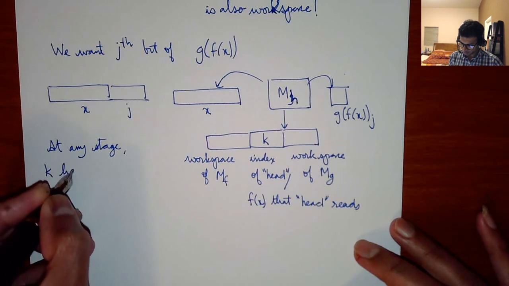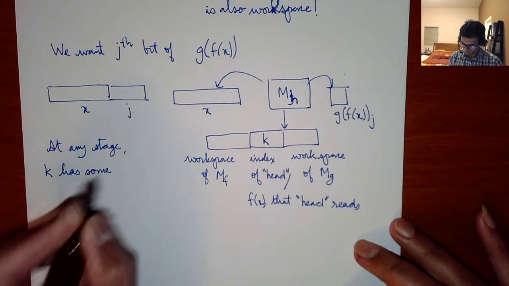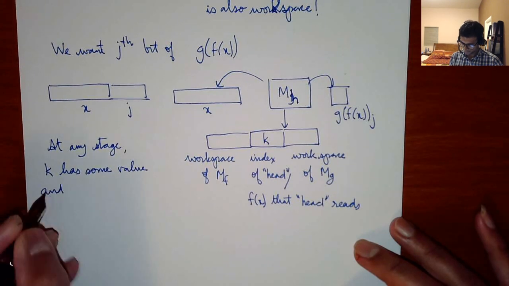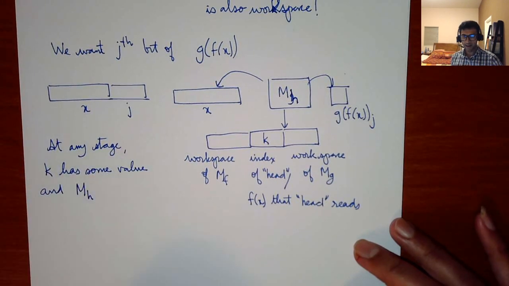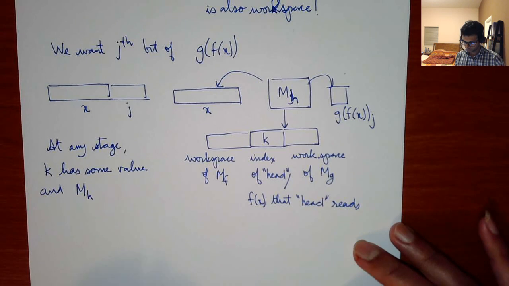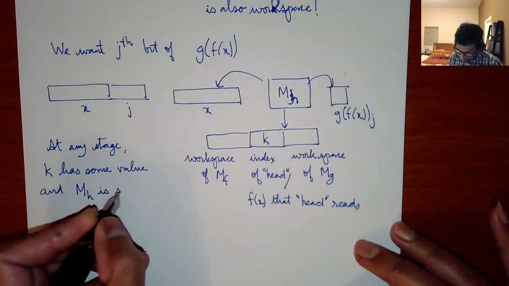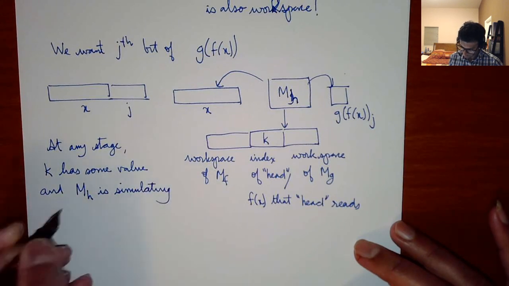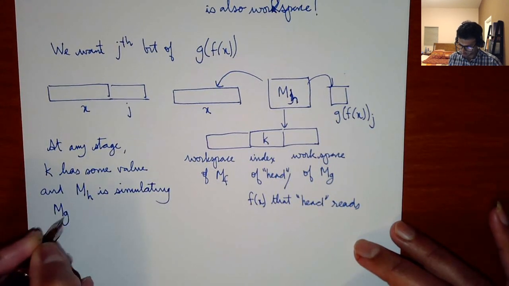K has some value, and mh is simulating mg.